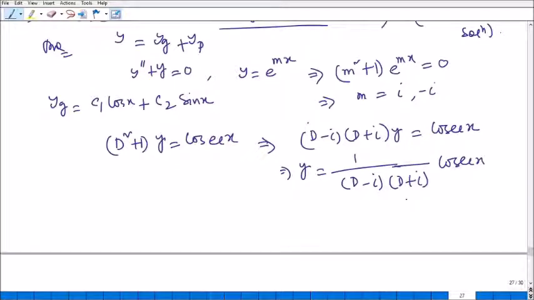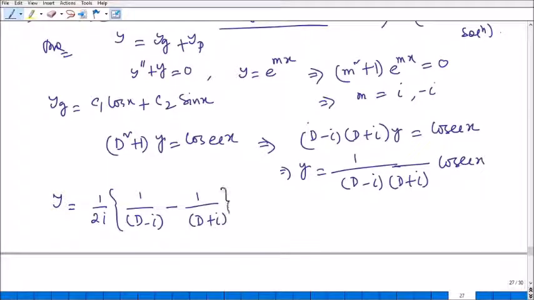So I think the partial fraction method is easy to solve this differential equation. So we can write this as y equal to 1 by 2i, in partial fraction, 1 by D minus i minus 1 by D plus i. So this is the partial fractions of the operator operating on cosec x.